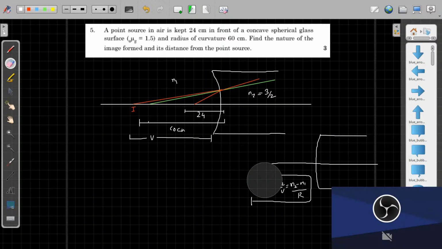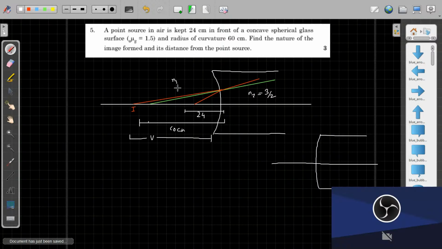So let's see how to solve this one. What is provided? Listen to this: distances measured with the direction of light are taken as positive, and distances measured opposite to the direction of light are considered negative. In this case, U will be minus 24 centimeter.